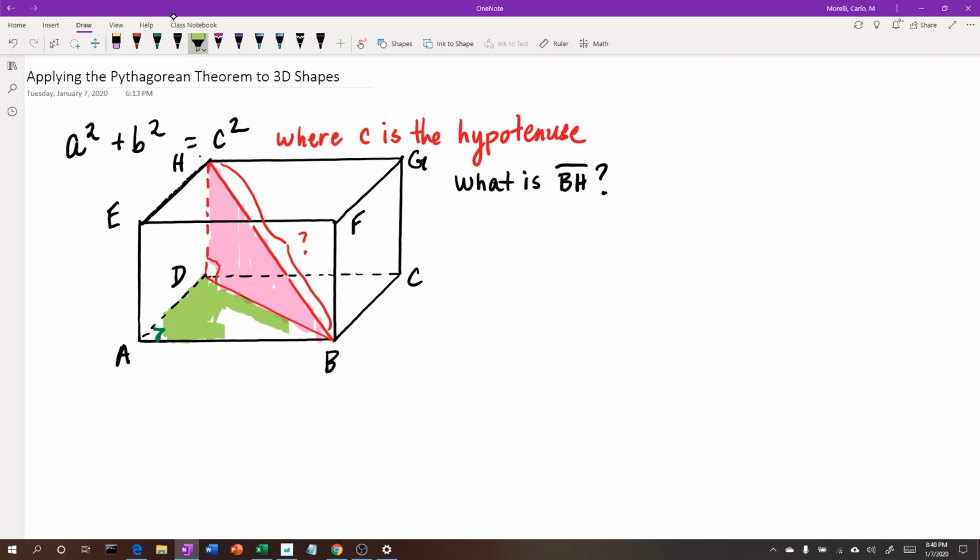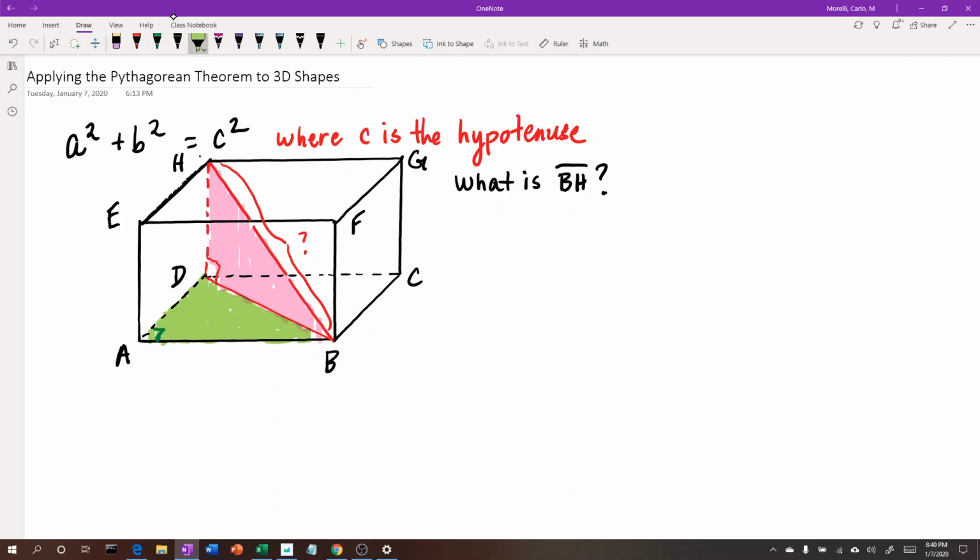You didn't even know that right triangle existed. Or maybe you did. Okay. So, keep this in mind. There are multiple right triangles in a box like this. All right? So that's actually a right triangle. It just doesn't look like it.